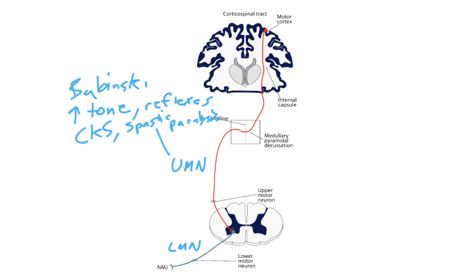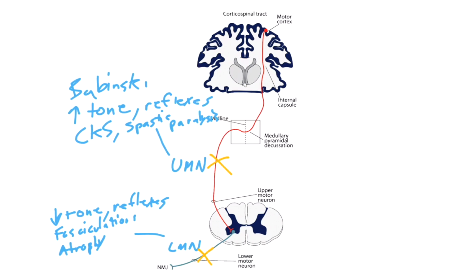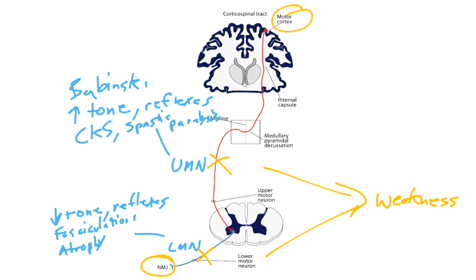Now, if we damage the lower motor neuron, we would get signs of lower motor neuron damage. So we would get decreased tone and reflexes, fasciculations, and atrophy. In either situation, whether damaging the upper motor neuron or the lower motor neuron, the patient would demonstrate weakness because the signal from the brain to the neuromuscular junction is damaged. So the patient would just be weak at that level.